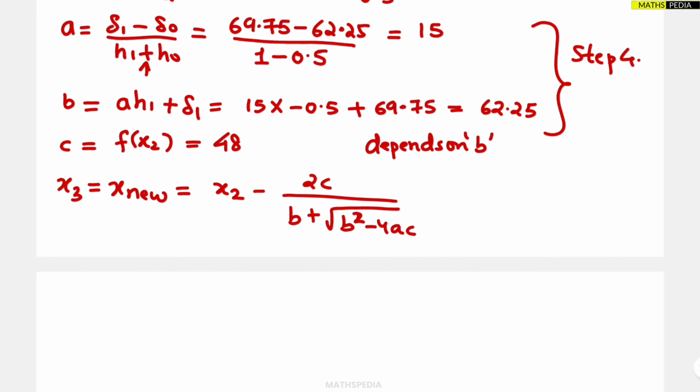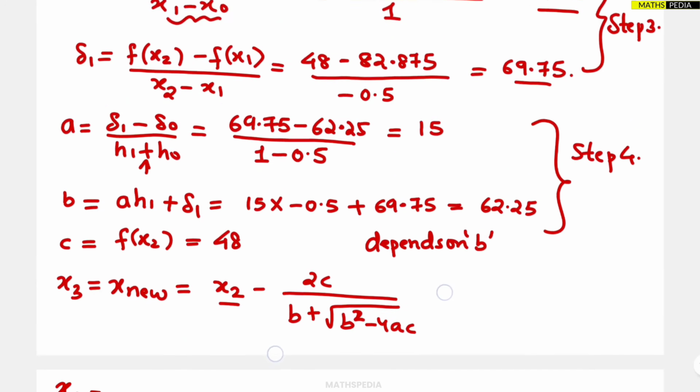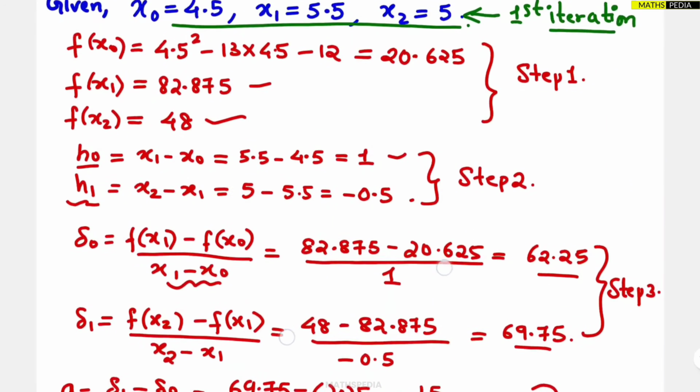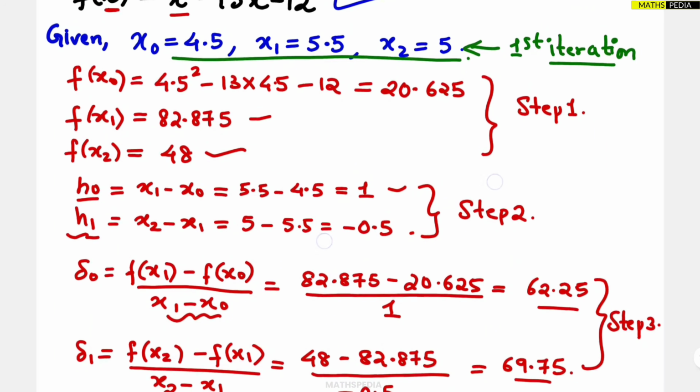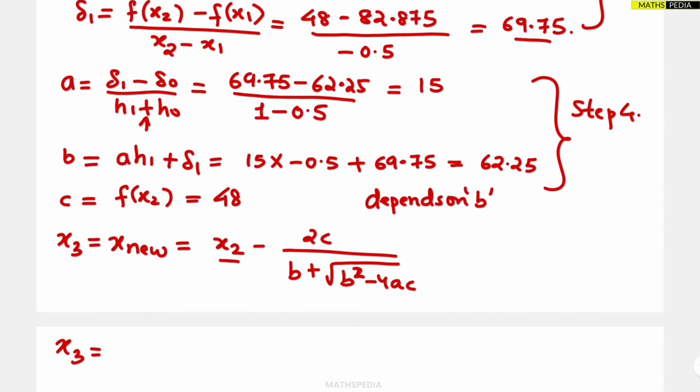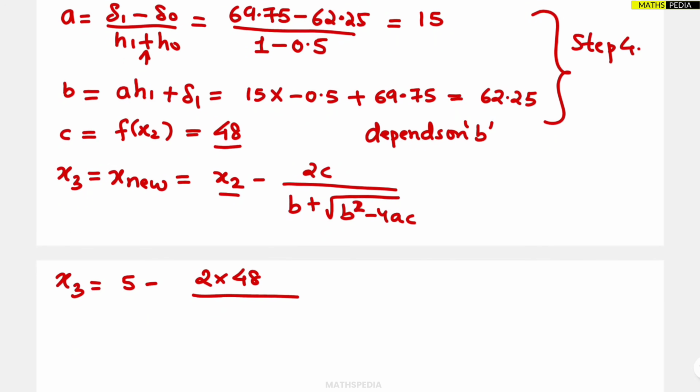So I have to write the x3, which is a new value. What is the x2 value? It is already given in the question itself, which is 5, right? So x2 value is 5 minus 2 into c. C value is how much? 48, divided by b value.